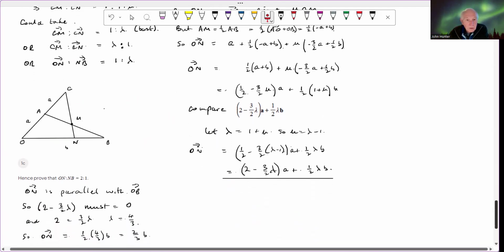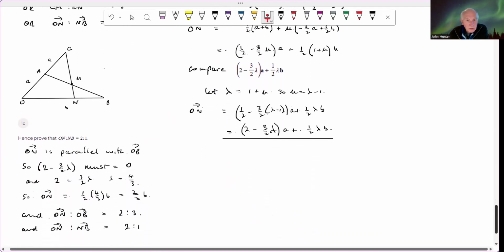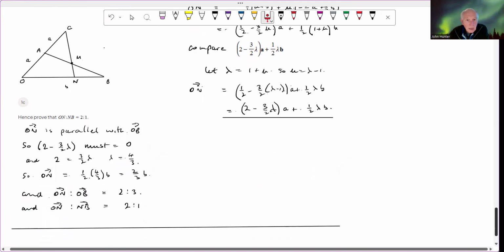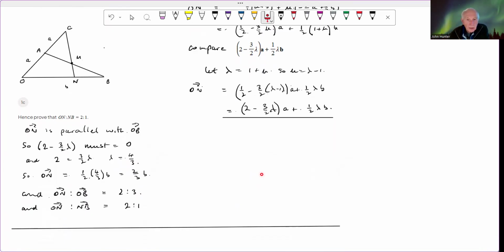Now, there is a little bit more on this one because there is a part C, which says, hence prove that ON to NB is 2 to 1. Right, now this is an interesting theme that may well come up. The point is that ON and OB are collinear, and we talk about parallel because that means that one is a scalar multiple of the other.